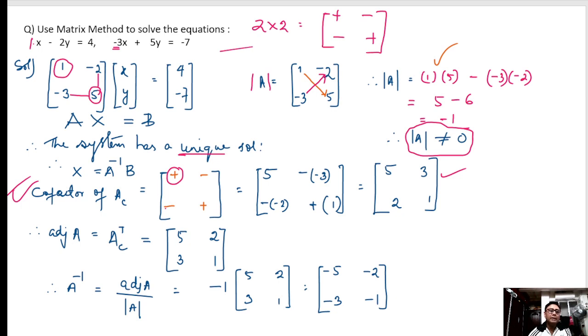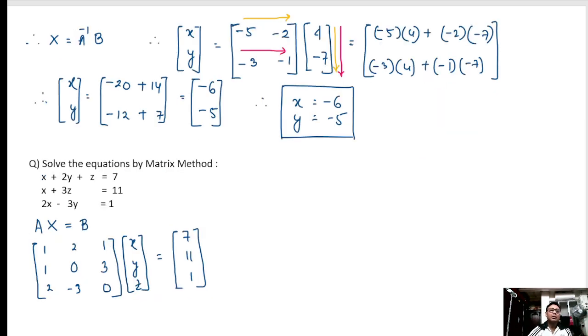Now, how to find the A inverse? It is adjoint of A by mod of A. This is the adjoint matrix, and mod of A was -1. So it becomes -5, -2, -3, -1. So this is the A inverse matrix.